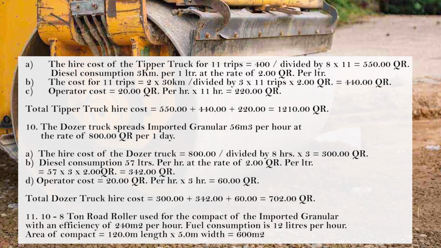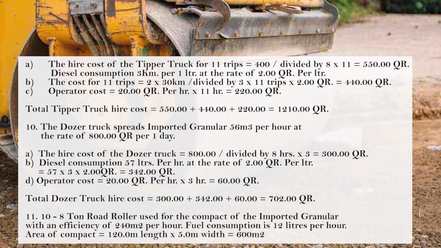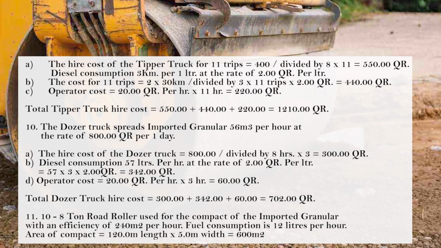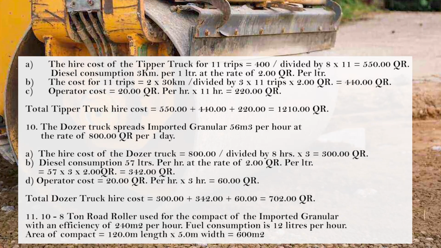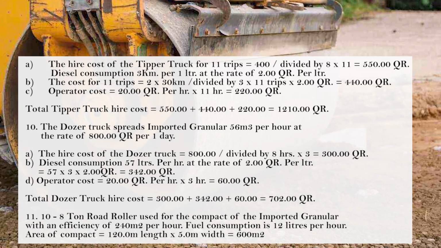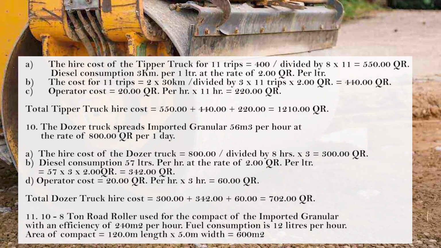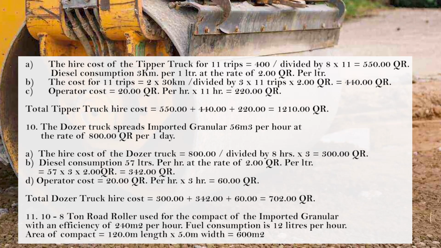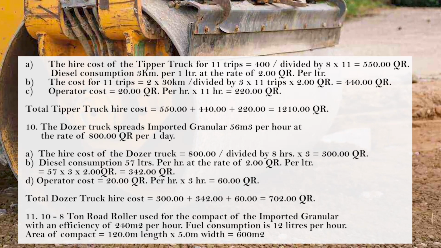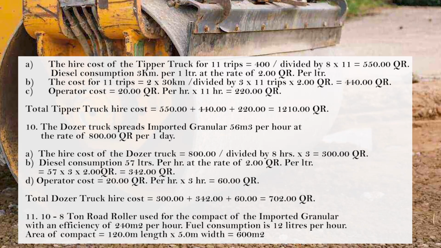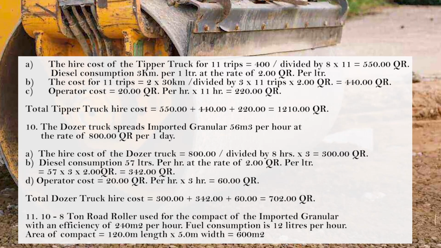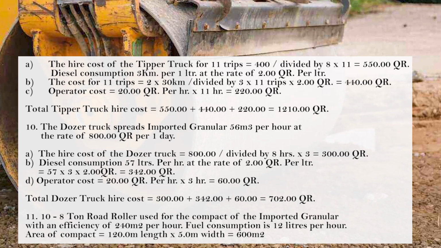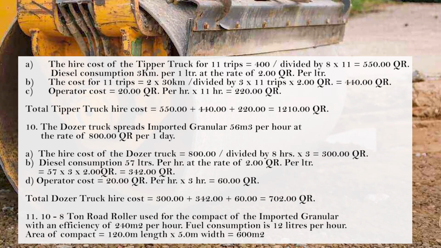B. The cost of 11 trips equals 2 into 30 km divided by 3 multiplied by 11 trips into 2 Qatar riyal equals 440 Qatar riyal. C. Operator cost. 20 Qatar riyal per hour into 11 hours equals 220 Qatar riyals. Total tipper truck hire cost equals 550 plus 440 plus 220 equals 1210 Qatar riyal.